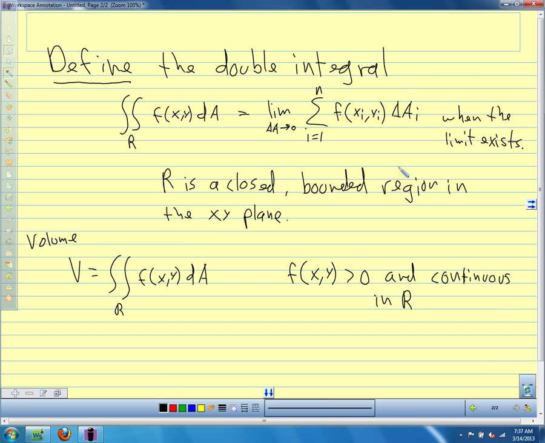Double integrals have properties very similar to single integrals. We can multiply by a constant. We can sum double integrals. We can take the difference of double integrals. I'm not going to list out all the properties. They're all familiar to us from doing regular single integration. If you want to look at them, they're in your book on page 992. So they're the same properties as single integrals.